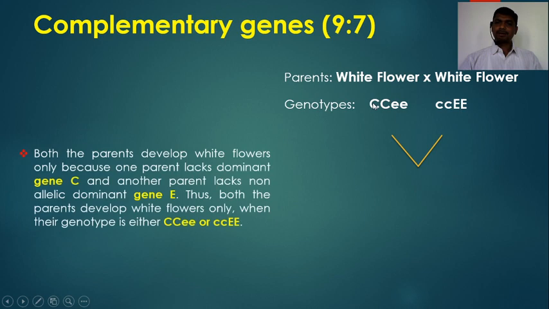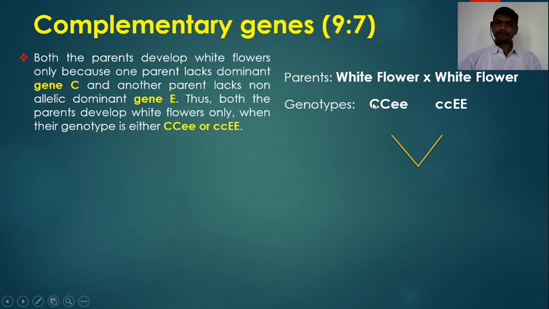In the first parent, there is only one dominant gene, that is C. In the other parent, there is one dominant gene, but it is the E gene. Okay. So both parents develop white flowers only because one parent lacks the dominant gene C and the other parent lacks the dominant gene E. Thus both parents develop white flowers only.